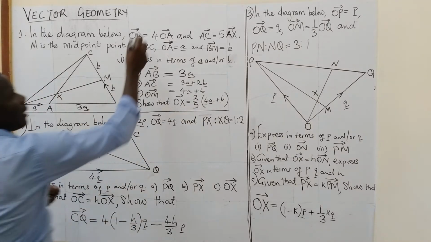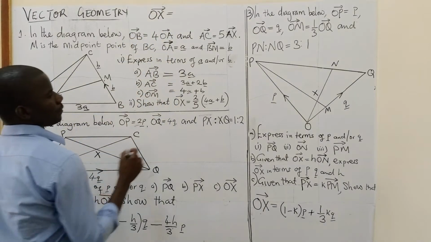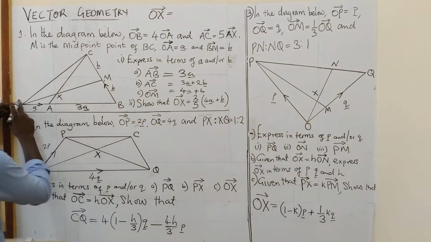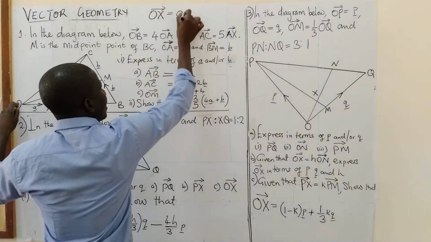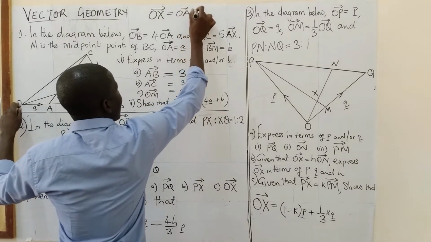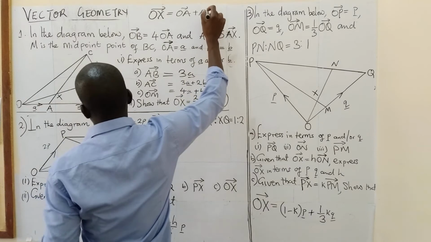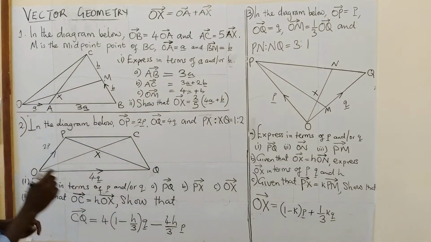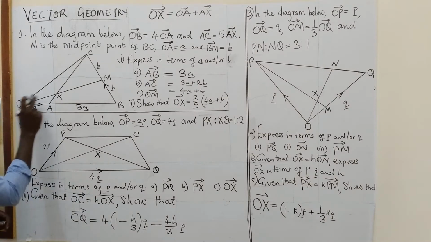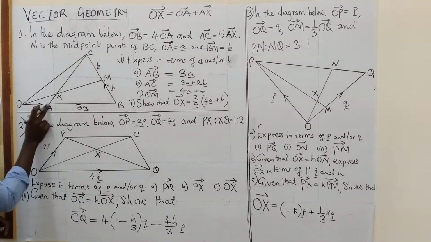So we are going to say OX is equal to OA plus AX. Are we together?